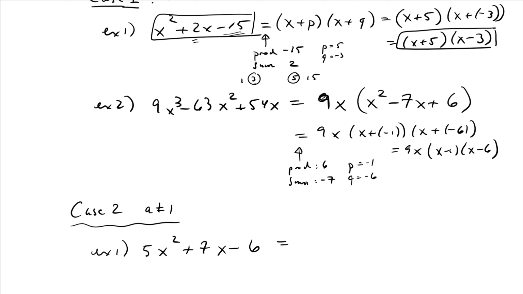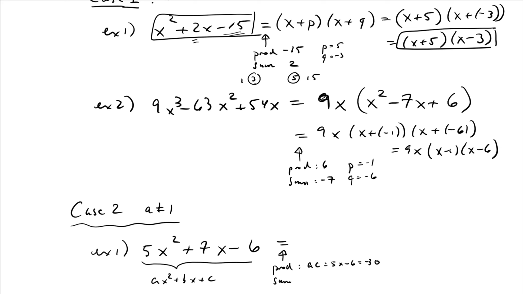Here, there's still a product-sum sort of technique. This is of the form ax squared plus bx plus c, so the product is a times c, the leading coefficient times the constant coefficient. So 5 times minus 6 is minus 30.